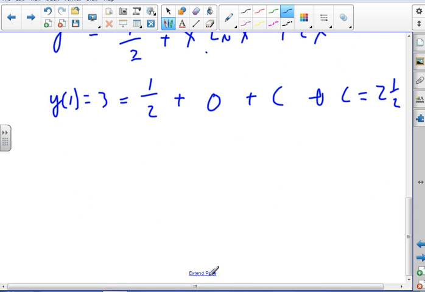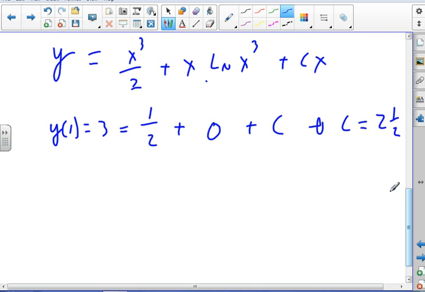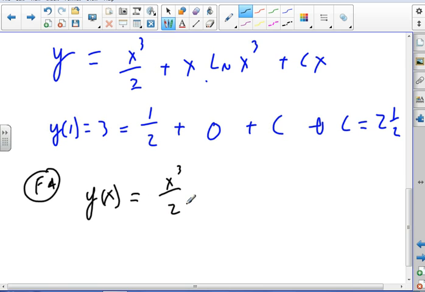Okay, so final answer, y of x is x cubed over 2 plus x natural log x cubed plus, we'll make it 5 halves x.